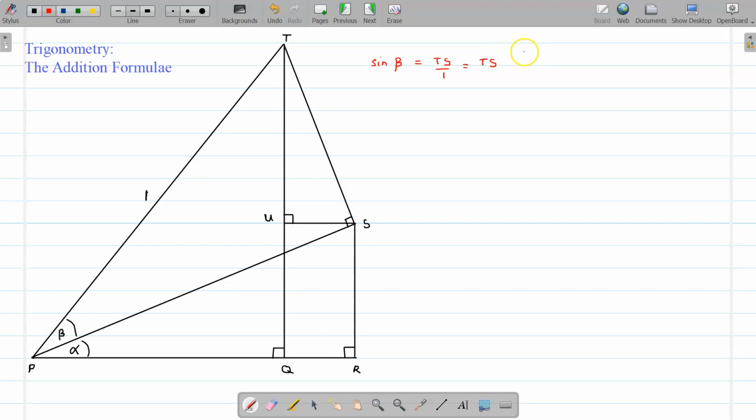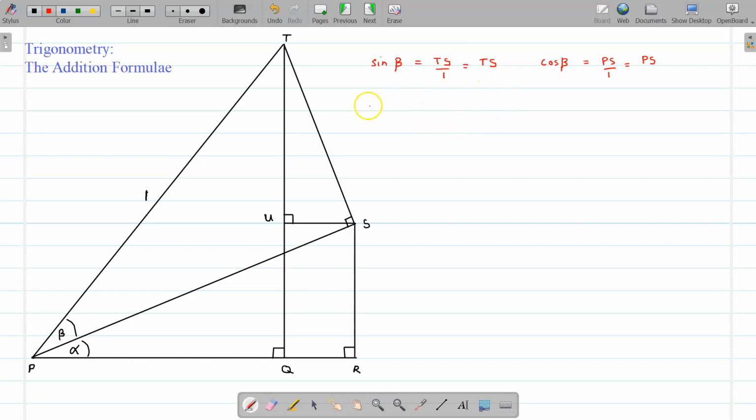So we'll just make a note of that. And we can also say that the cosine of the angle beta is equal to the adjacent over the hypotenuse, which is PS over 1, which is therefore just PS. So that's the second result that we're going to be using in our proofs.